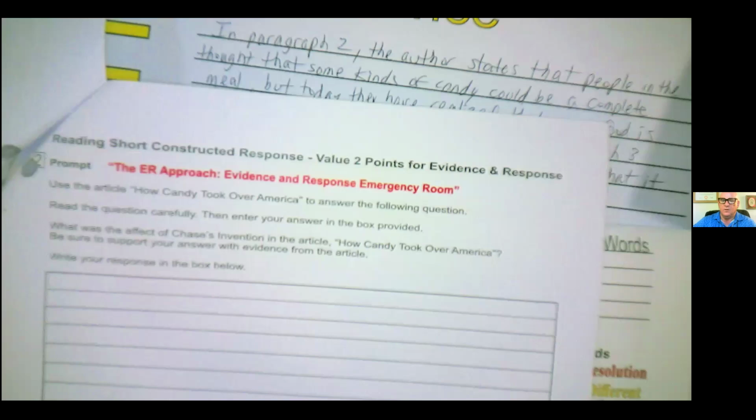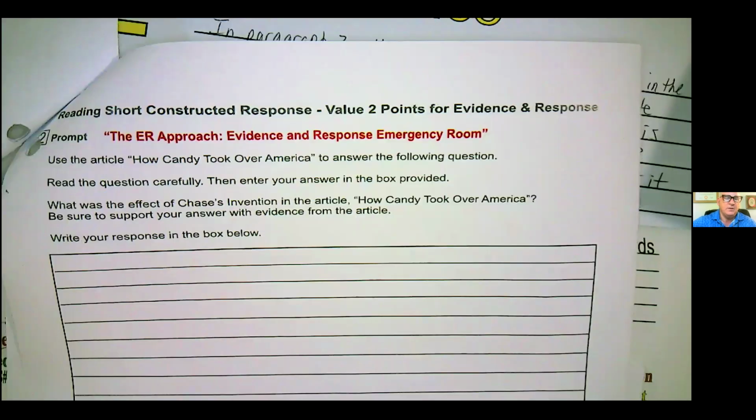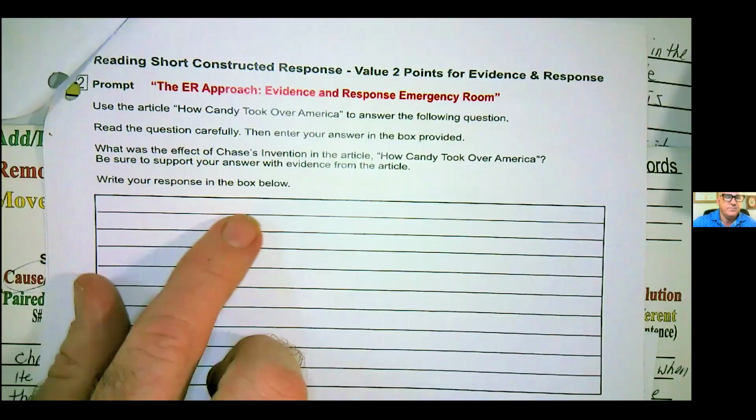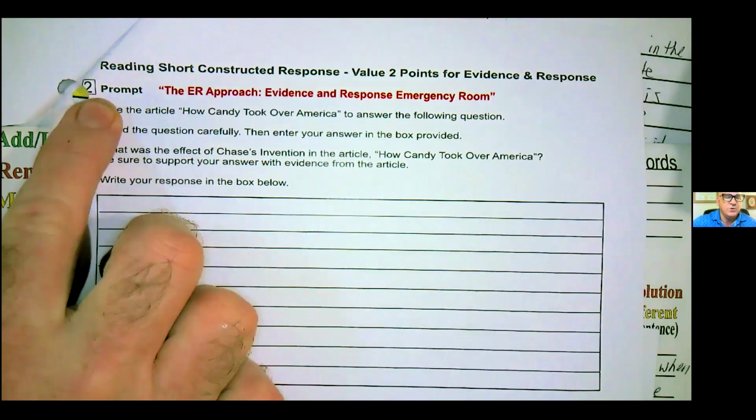So I'll show it to you, and then I'm going to show you how to use the ARM part of the graphic organizer to help you come up with the answer and how to base it on evidence. Again, this is question number 2.